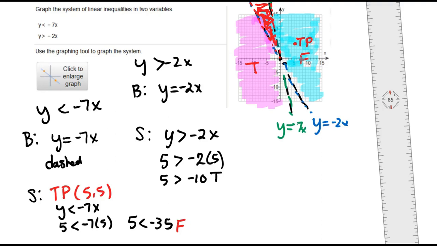The two colors overlap. And that would be a group of ordered pairs that makes the first inequality true and the second inequality true. And that means that those ordered pairs are solutions to the system. Those are the ones that solve the system.